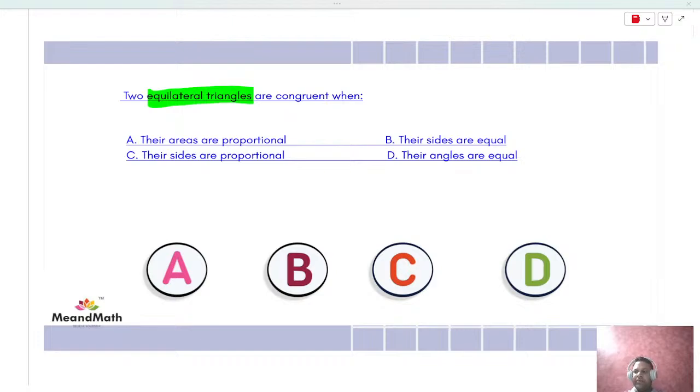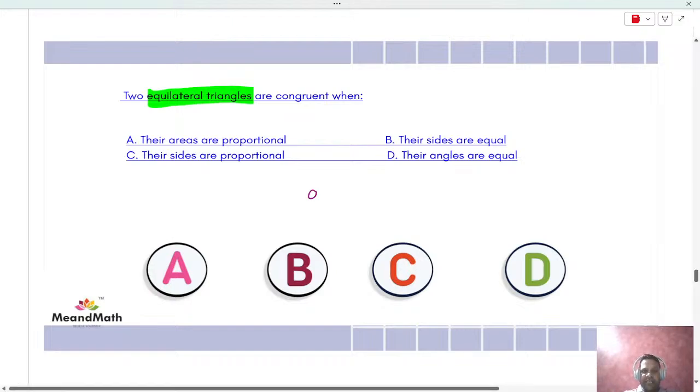For two equilateral triangles, which option is correct when they are congruent? We know that two triangles are congruent if sides are equal. If two sides are equal, one angle is equal, like that. So if we move to the options, first option is areas are proportional. Proportional. What is proportional?